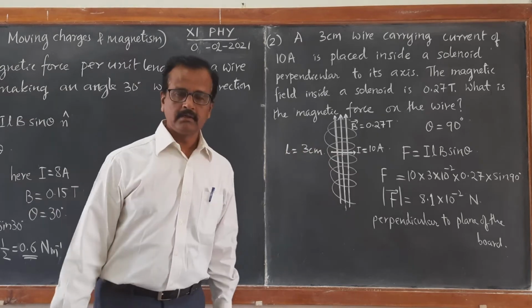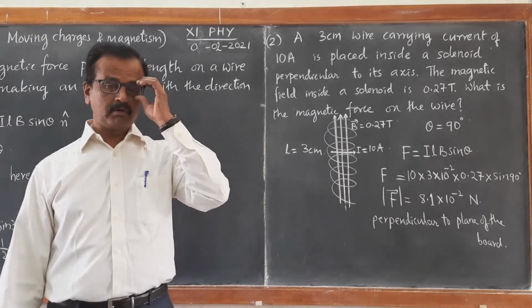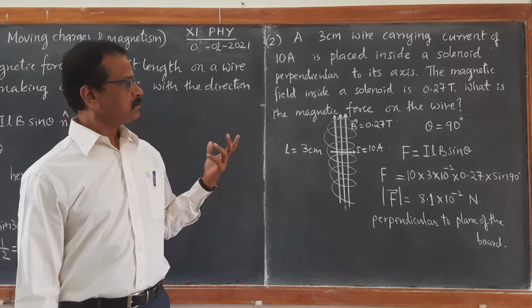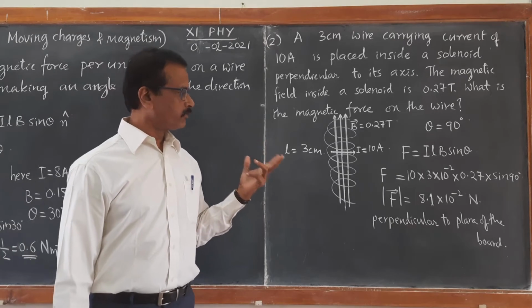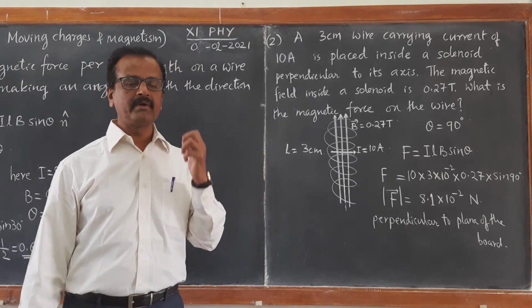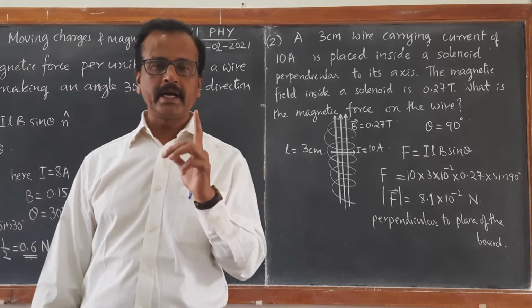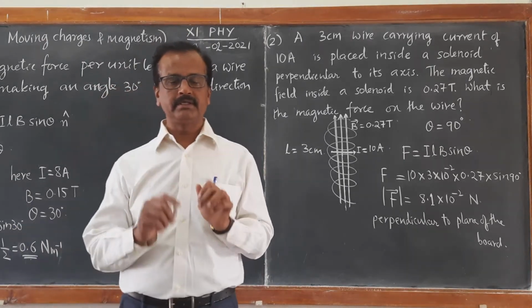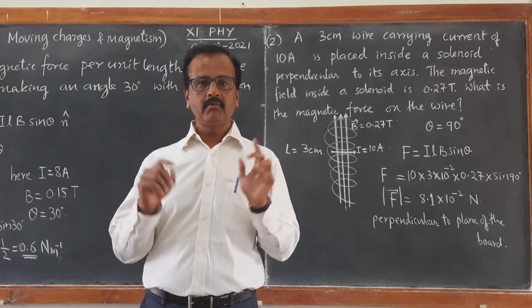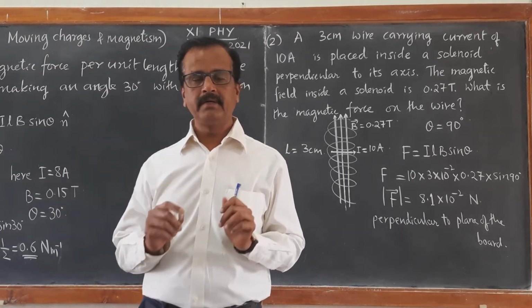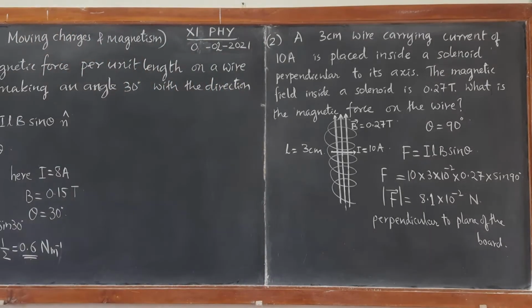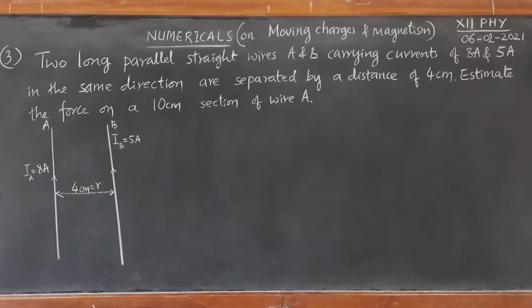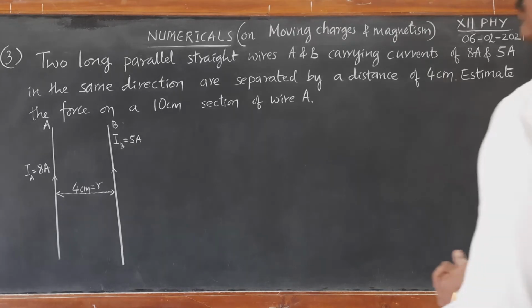Okay. Now let us see some more problems on current flowing through parallel wires. When two current carrying conductors are kept parallel to each other, what is the force exerted on them? Let us see the magnetic force exerted on parallelly kept current carrying conductors. Look at this interesting problem.